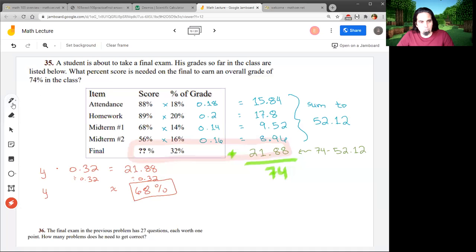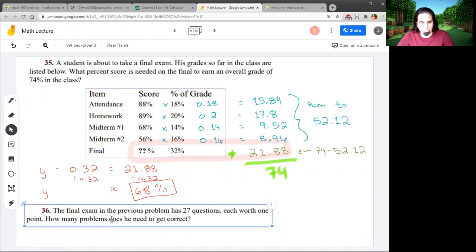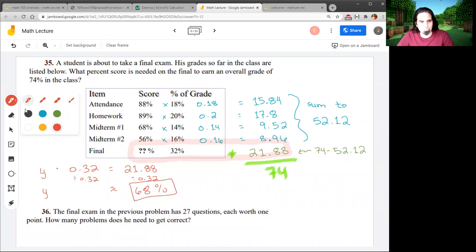Okay, and since that was a lot of work for 1 point on the test, then you get an easy problem to get another point. What is 68% of 27? So 0.68 times 27. It's 18.36. So we're always going to want to round up here.